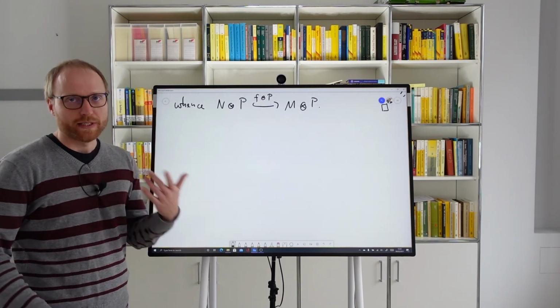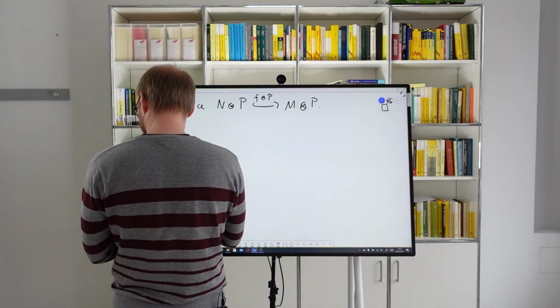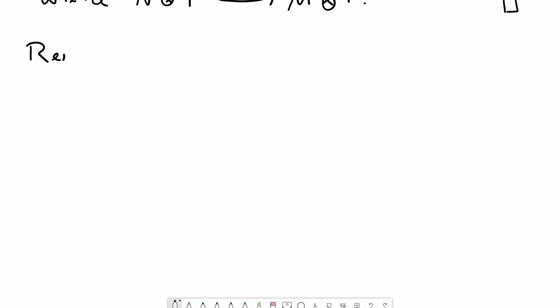And like I said, there are flat modules which are not projective, so I should give you an example to think about. This is an example which already occurred earlier, namely the Z-module Q is an example of a flat module.